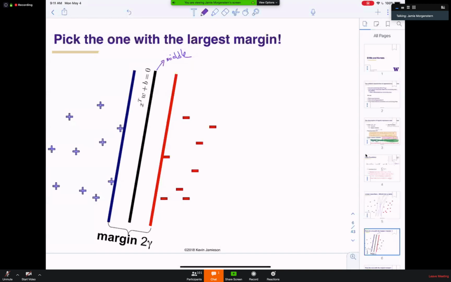Then we call the distance between these two lines the margin of this classifier. The margin basically measures how far the nearest data points are from the decision boundary.